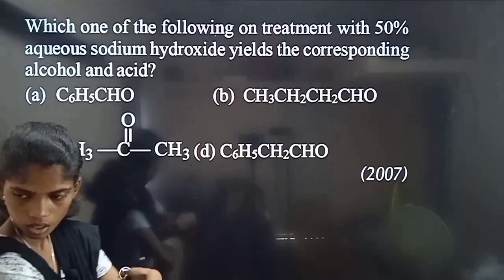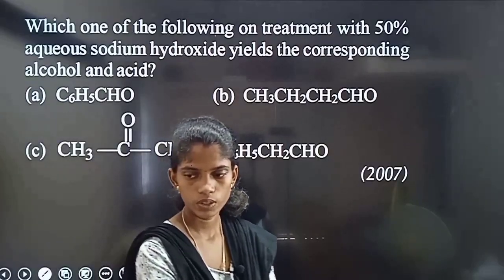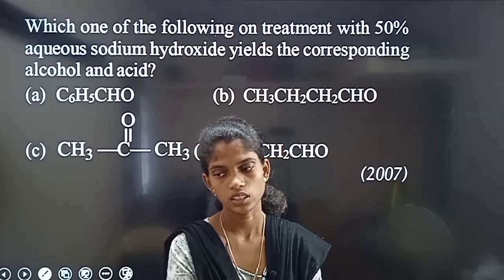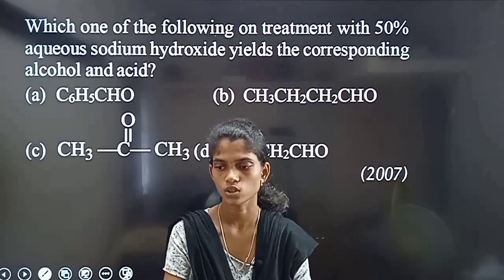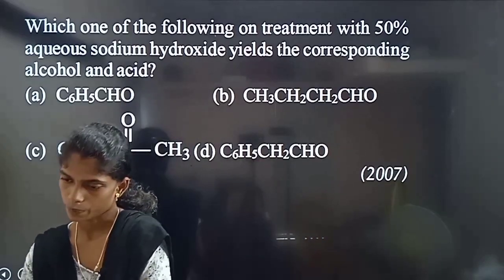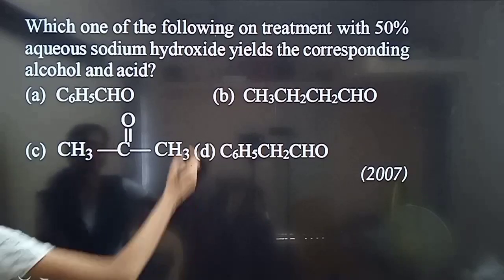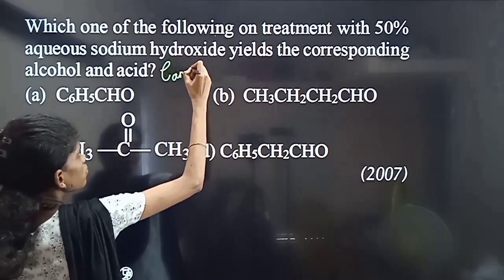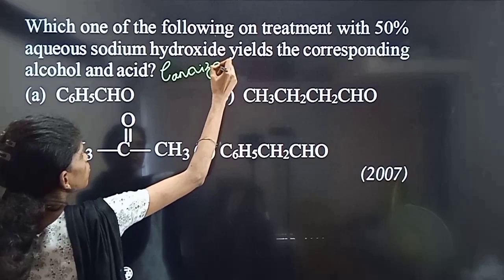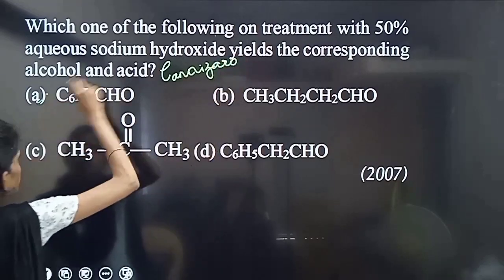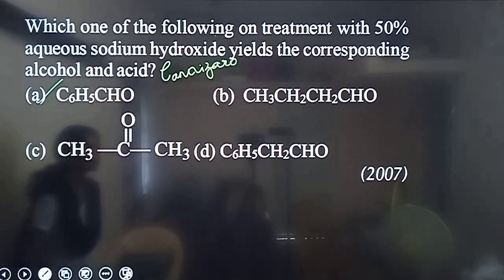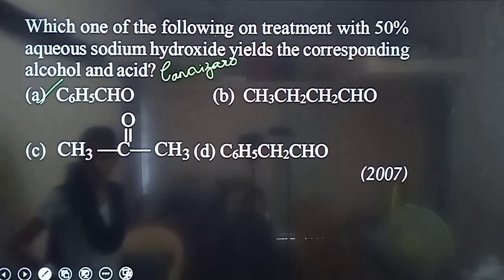Clemmensen. Which of the following on treatment with 50% aqueous sodium hydroxide yields the corresponding alcohol and the salt? Okay, so this is the Cannizzaro reaction. So option A is the right answer, which will form a corresponding acid and alcohol.